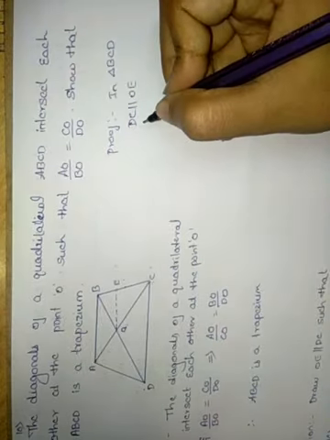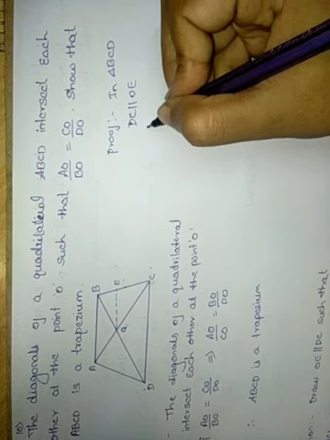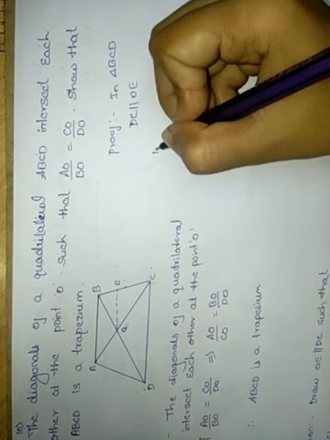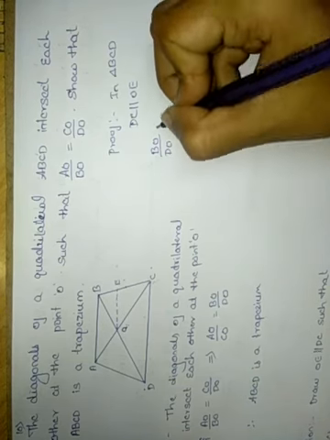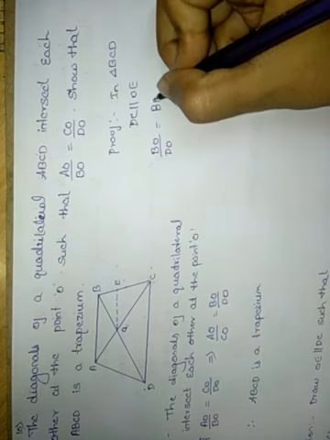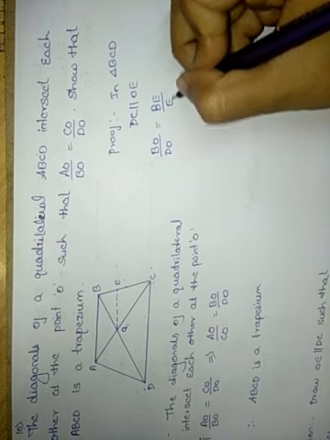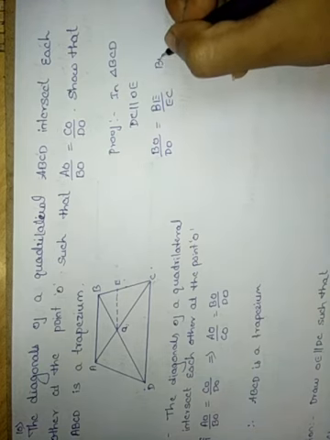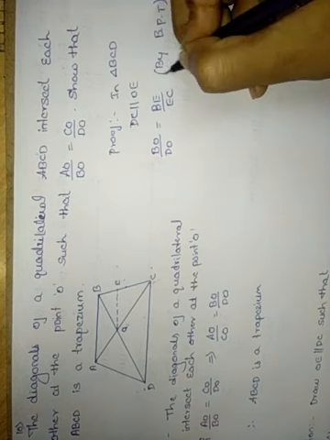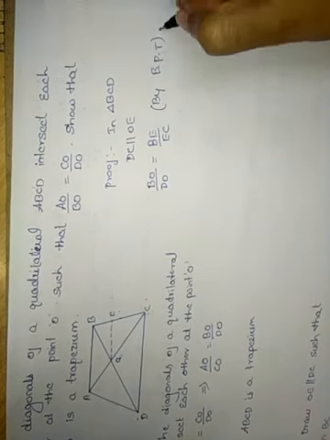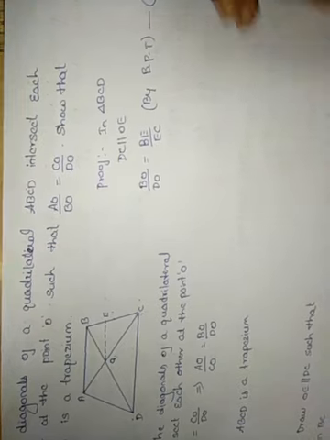Yes or no? By the basic proportionality theorem, yes, we can say. We'll write here BO divided by DO is equal to BE divided by EC by the basic proportionality theorem. We'll call this equation 1.